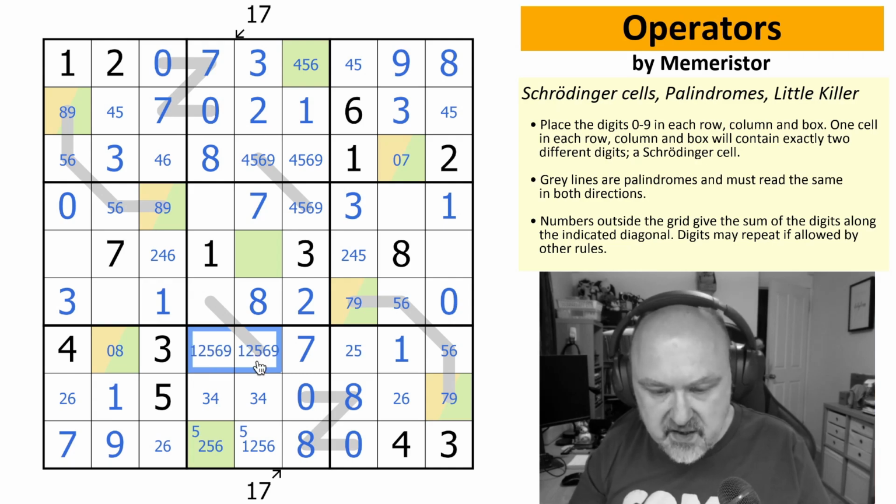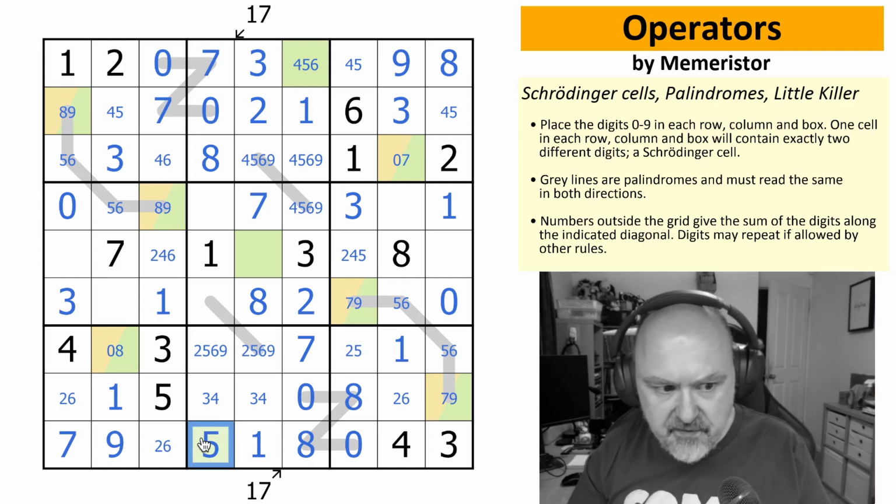So again, there must be 9 in here. This can't be 1. This can't be 1. So this must be 1, which means... And why do I have 5 down here? Because 5 has to be over here. This must be a 5.